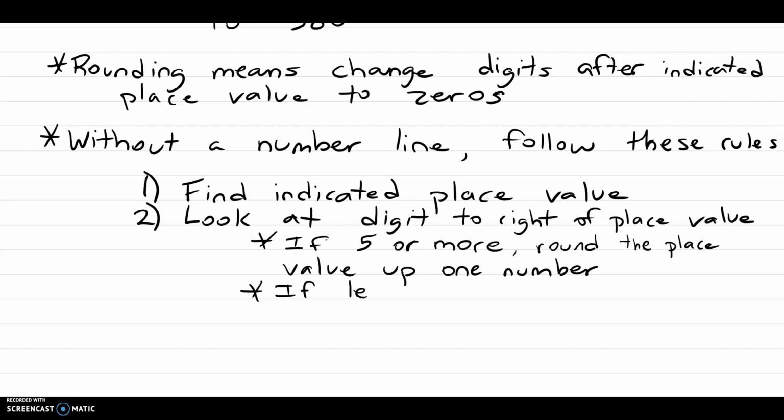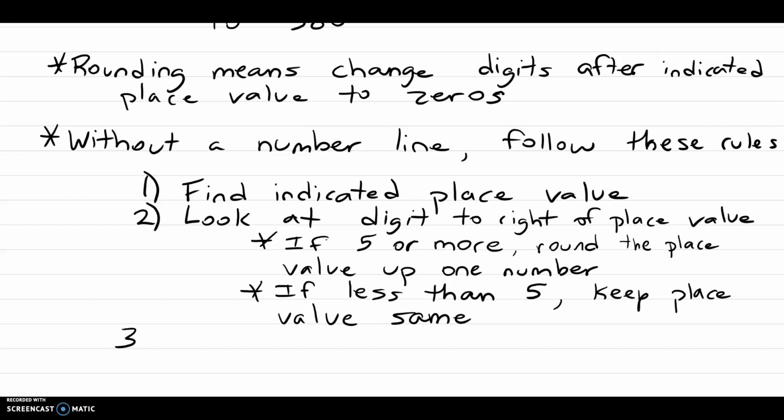If less than 5, so 4, 3, 2, 1, or 0, you keep the place value the same. And then the last step, after you've changed the place value, either rounding it up or keeping it the same, change the digits or the numbers after the place value to zeros.